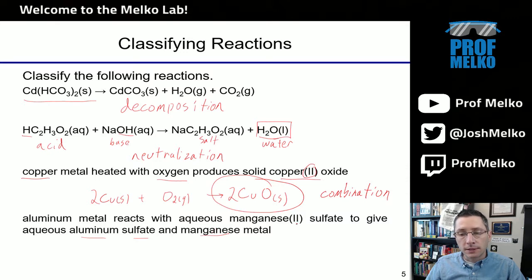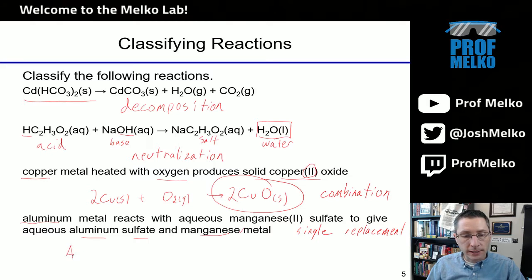Spoiler alert, single replacement. I can identify that pretty much immediately just through reading through. I see I have an element reacting with a compound, and it yields a different element. So one element is replacing another. Aluminum is taking the place of manganese to make aluminum sulfate. So that's single replacement.